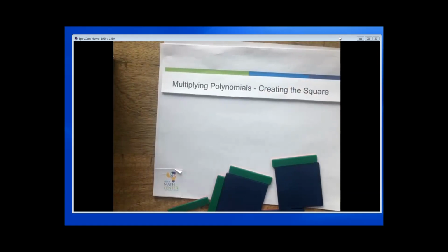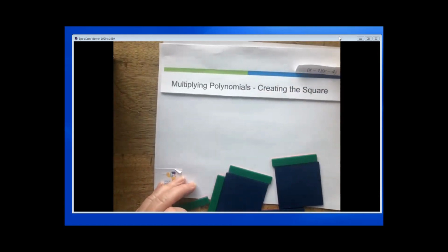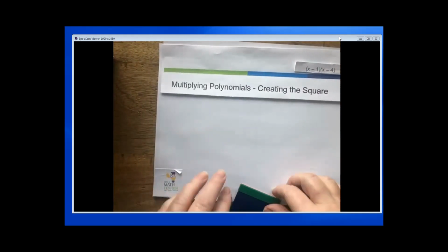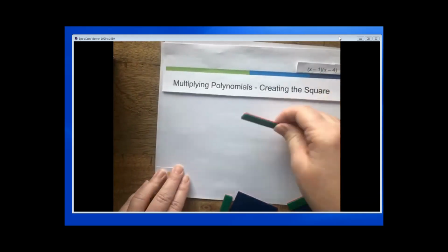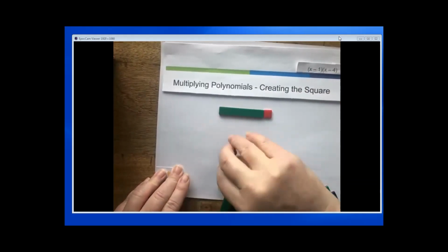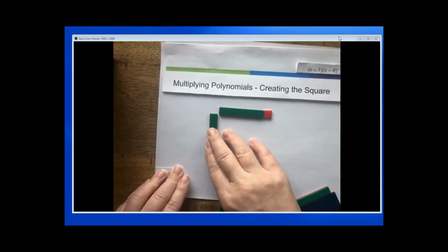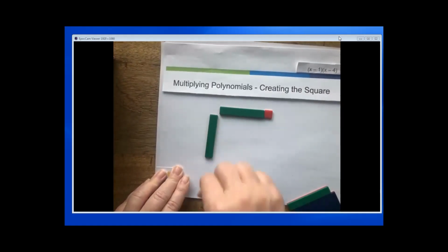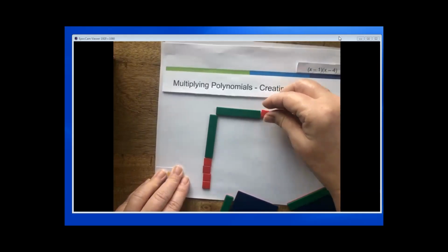All right, let's multiply some polynomials. So I'm going to build those factors. X minus 1, and I'm going to put it into the area model again. And on this edge of my model, I'm going to do x minus 4. So creating the square is just a fancy way of saying making an array or using the area model.